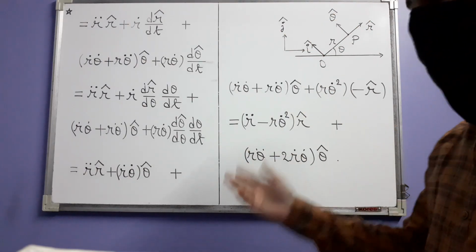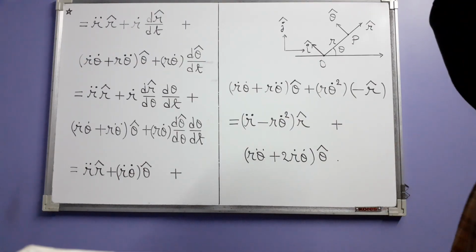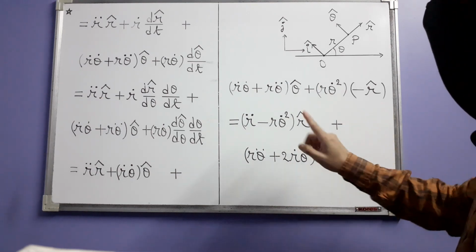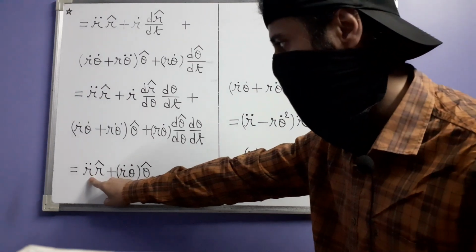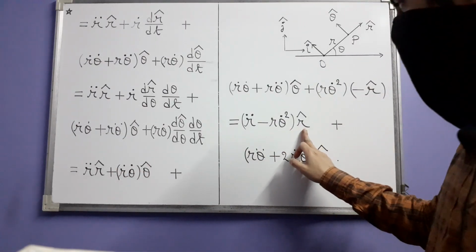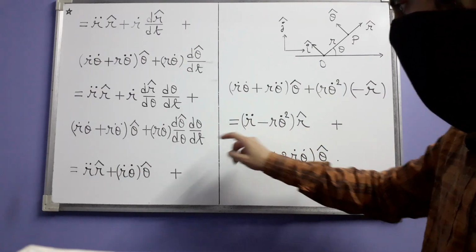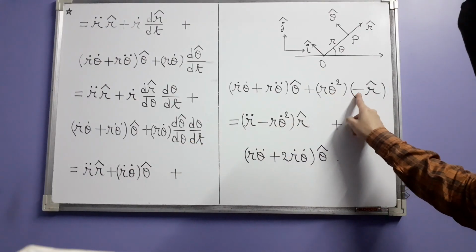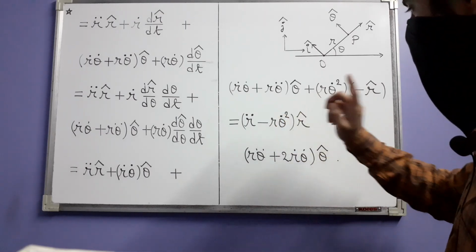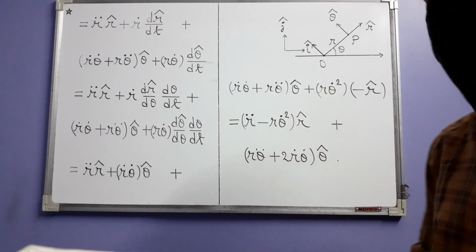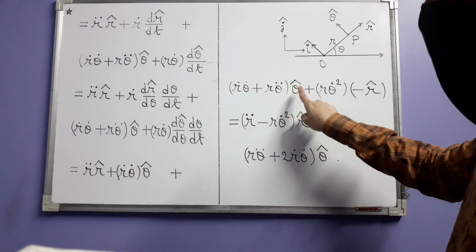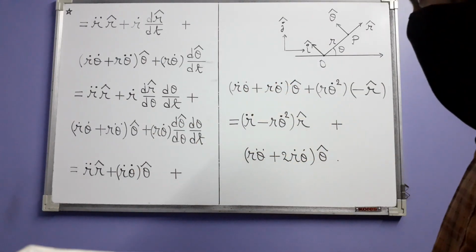So now we gather like terms. You look at those terms which have r hat with them, this one and this one. So from them, if you take r hat common out, you are going to get r double dot minus, there is a minus sign, don't forget that, minus r times theta dot square, outside you have r hat plus this term has theta hat and this one also has theta hat.